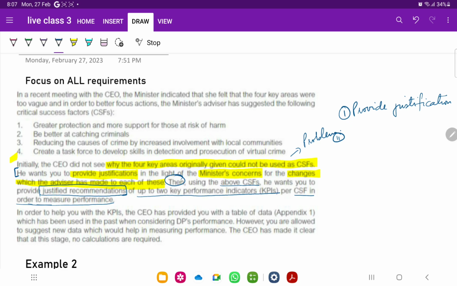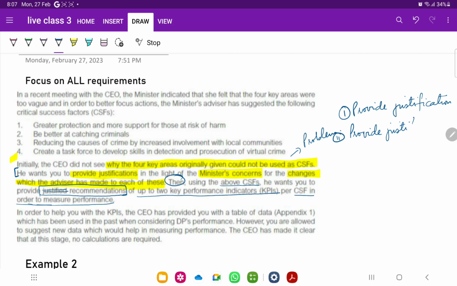Justification is something we'll discuss later as well. Suppose this statement is not given here, suppose the examiner just said that he wants you to provide recommendations, still you have to justify the recommendation, that why you think that this is important, why you think that this KPI is more relevant for the purpose, right? So this is the second thing, you have to provide the justification.